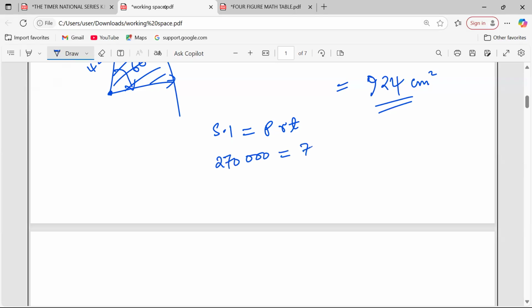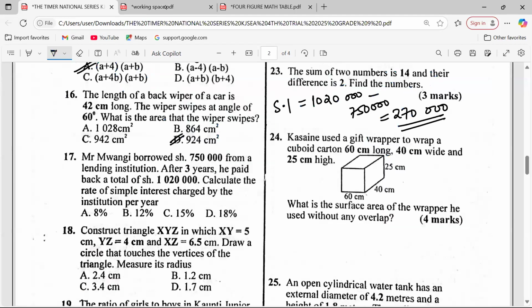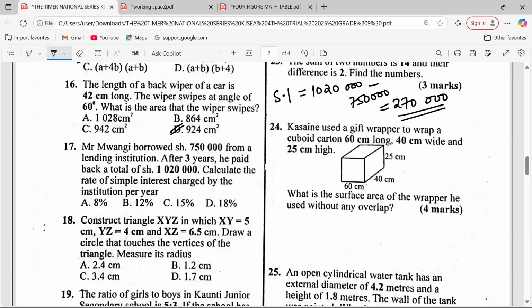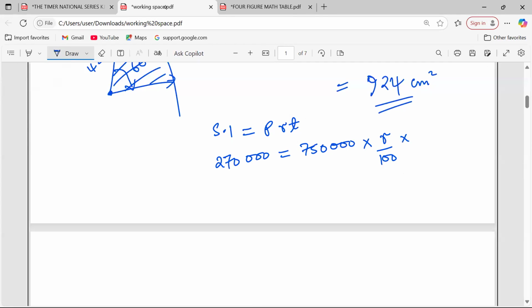This is equal to the money which had been borrowed, 750,000, times the rate. Do we know the rate? Not really. R is unknown, but it's a percentage, times the time taken, 3 years, times 3.